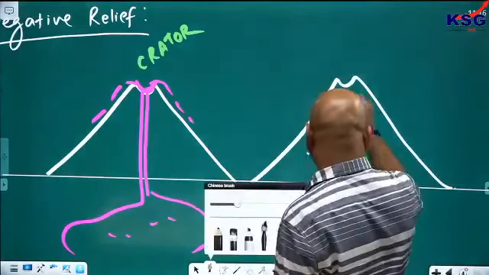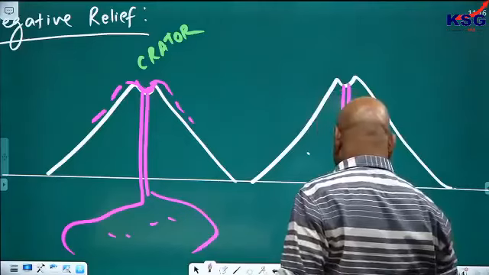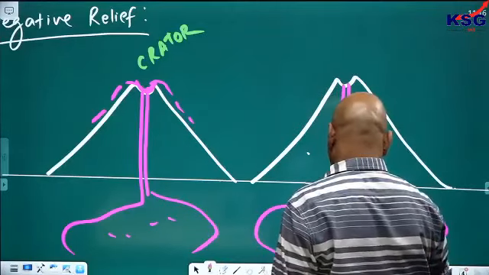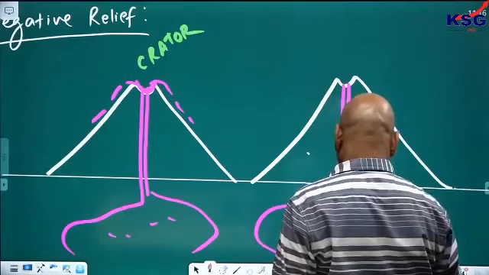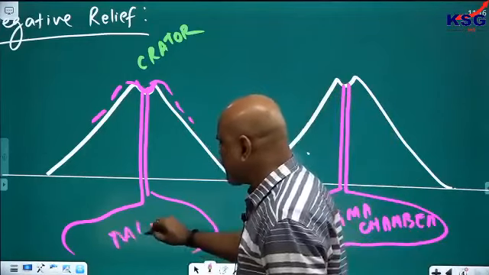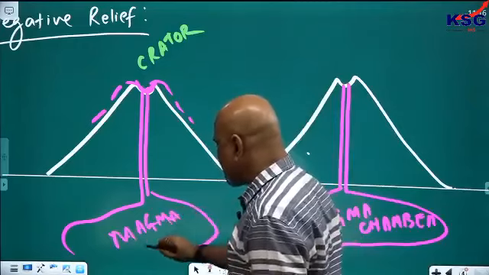And you have eruption here of magma. This is the magma chamber.